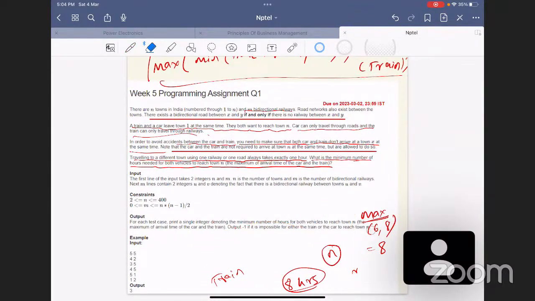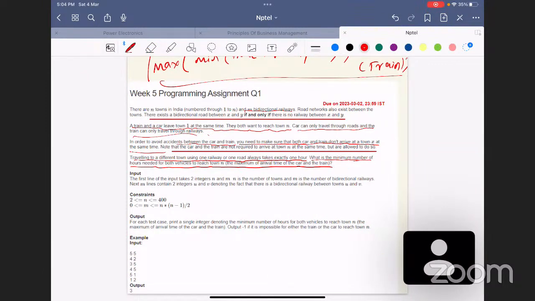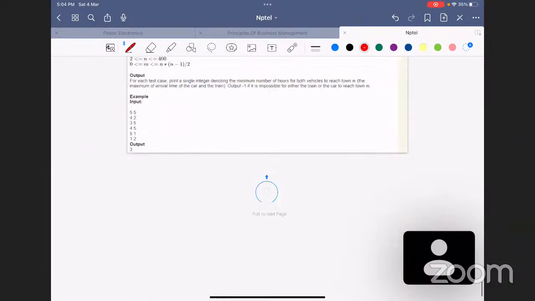Now let's jump on to the input, how we are taking the input. The first line of input takes 2 integers, N and M. N is the number of towns and M is the number of bidirectional railways.